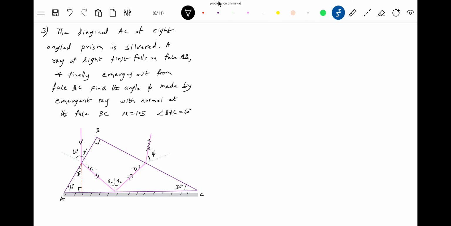Mu equal to 1.5. Again, same thing, R1 plus R2 is 60 degrees. Then one more equation, R2 plus R3 equal to 30 degrees.